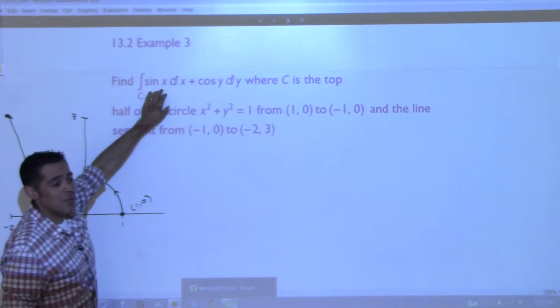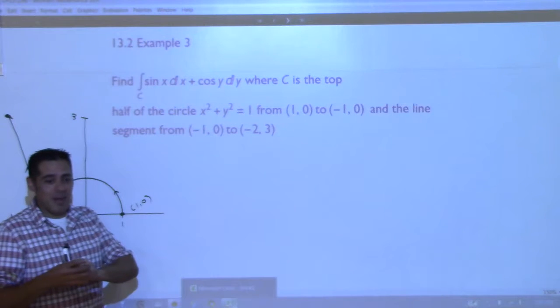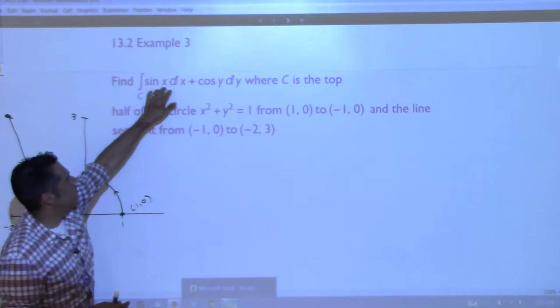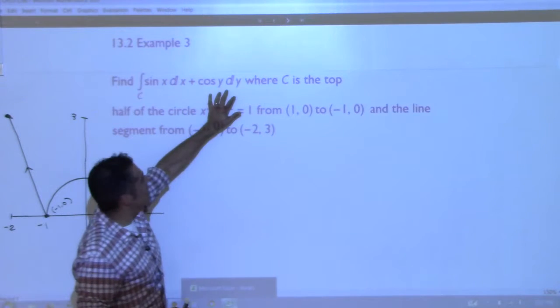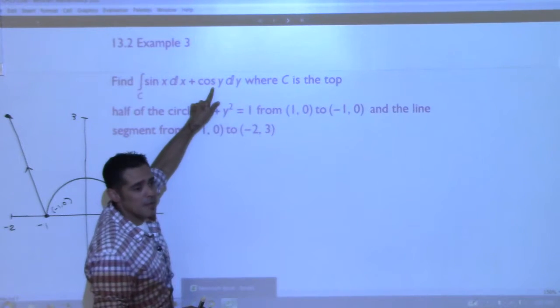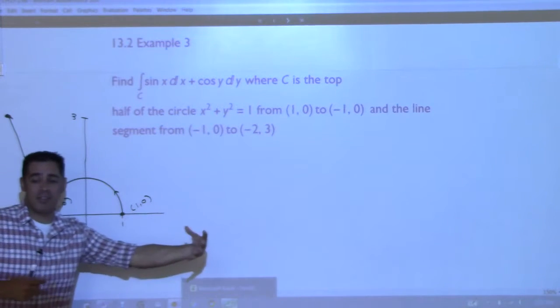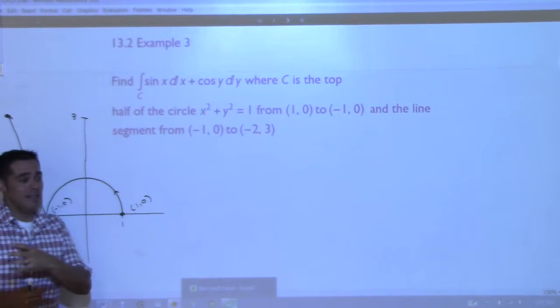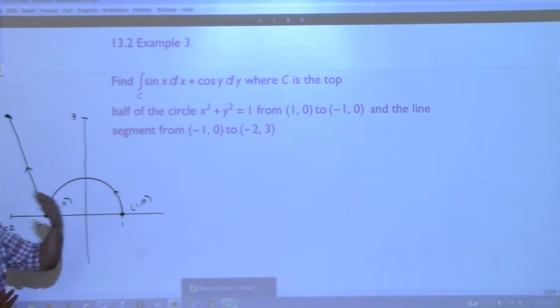Then we cast its shadow onto the xz plane and find that area. Then we do the same idea with a different surface, cosine y. We plug all those points in, cast the shadow onto the yz plane, and find the area of that. Then we add the two together. So that's visually what's happening here.